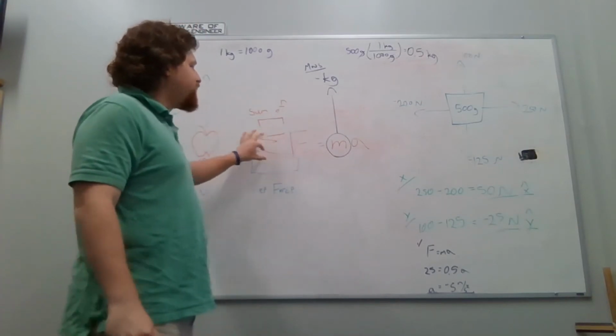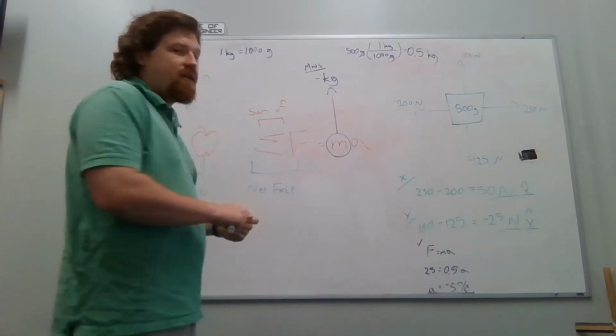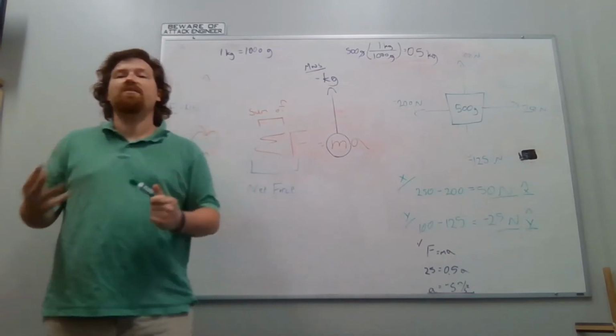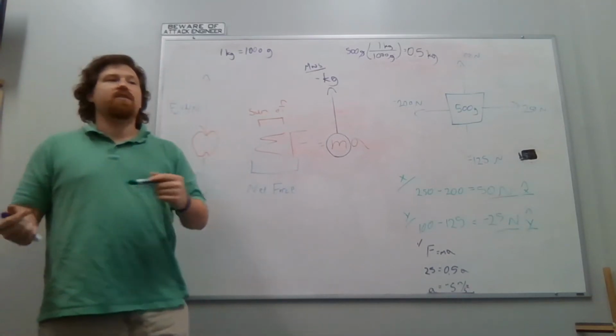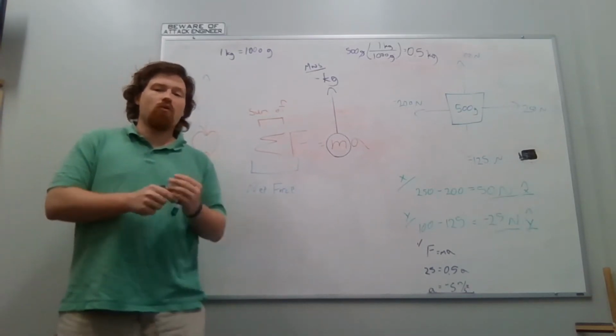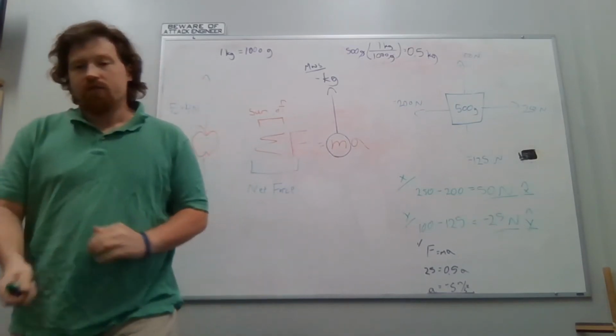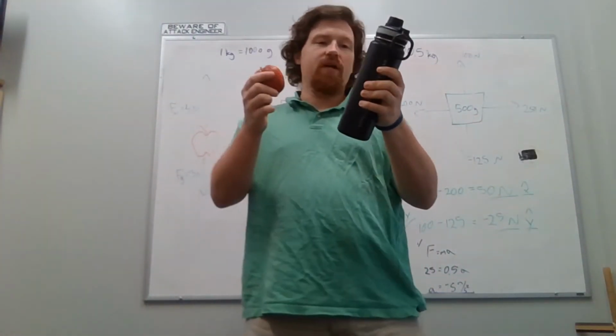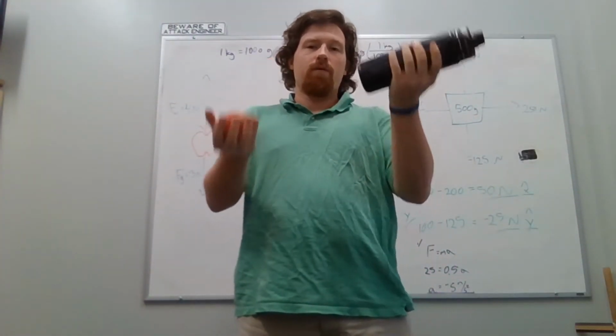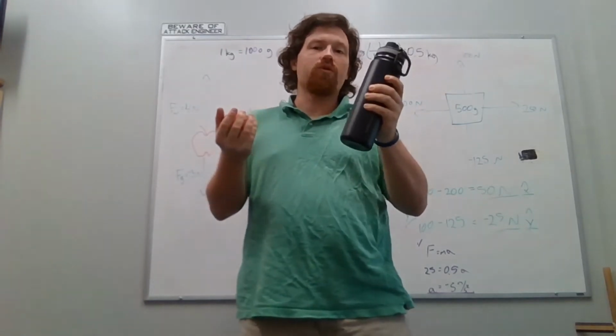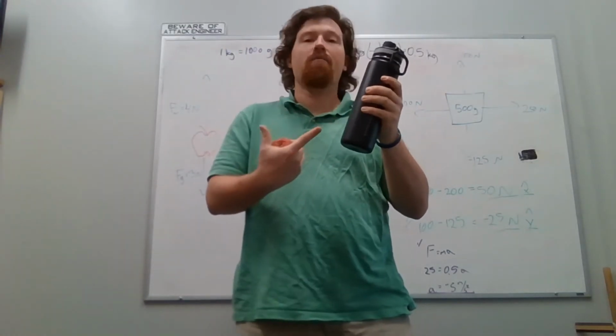Now, the exact force of gravity is going to depend on the mass of the object. Objects that have more mass, objects that have more stuff in them, are going to naturally weigh more. So if I compare this apple to my metal water bottle that is filled with water, the water bottle has more stuff in it. It's filled with a lot more atoms.